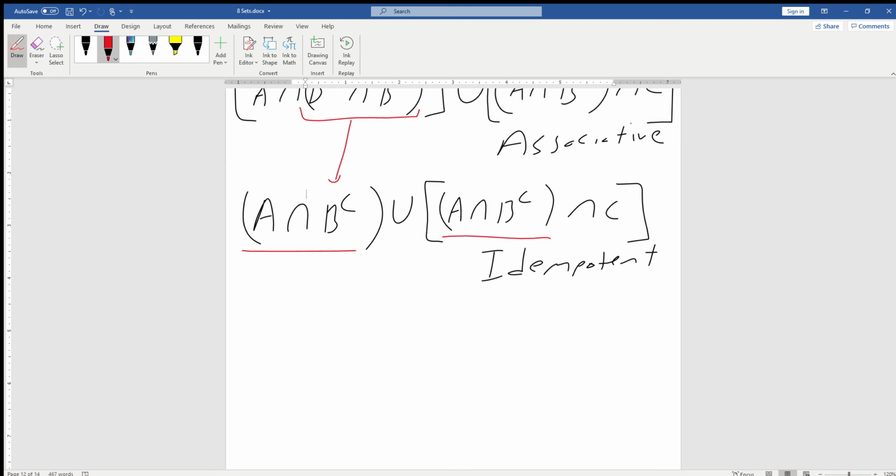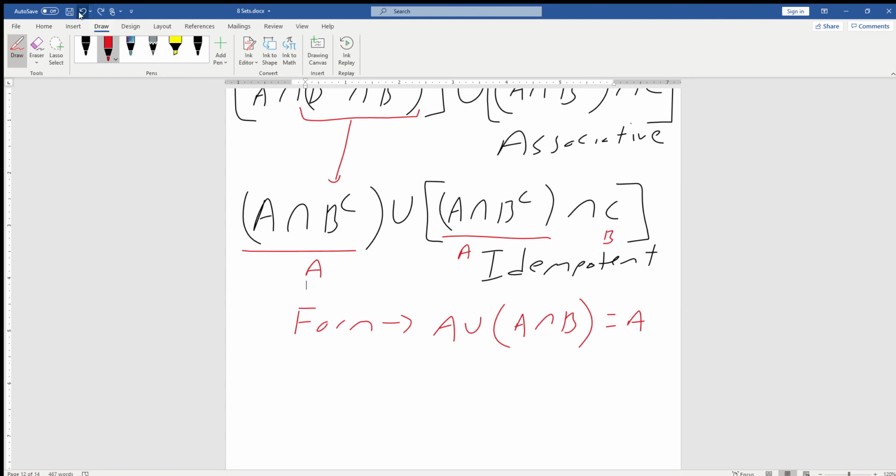Think of this in the form: if this is set A, and C is set B, then we have something of the form A union A intersect B. The absorption law follows that form: A union A intersect B just turns into A. For us, we don't have A, we have A intersect B complement.